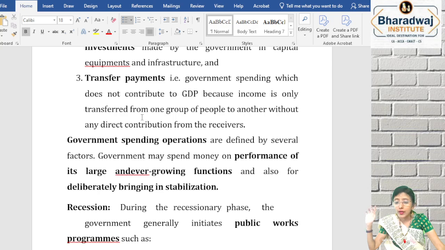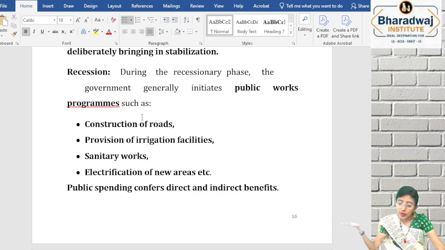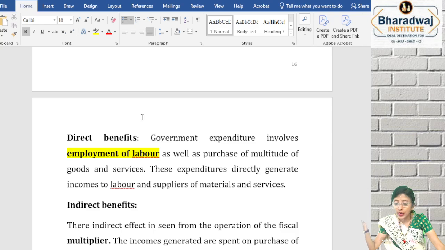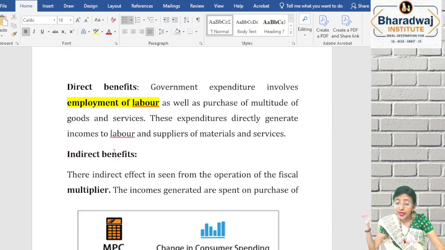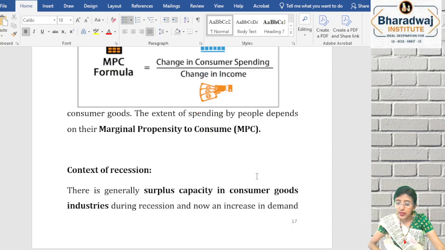Government spending operations are meant to stabilize the economy and save it from inflationary and deflationary pressures. Direct benefit is employment to the labor. Indirect benefit is the fiscal multiplier, isn't it? As there is an increase in income, it will bring about an increase in consumer spending. Fiscal multiplier is an example here.